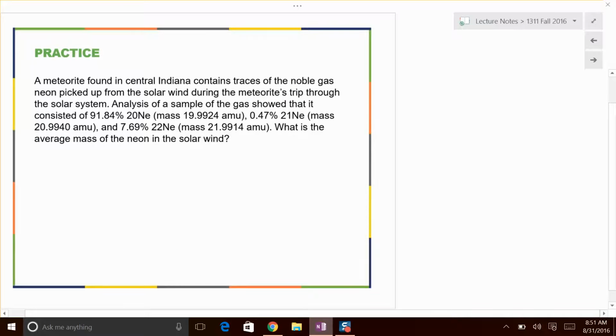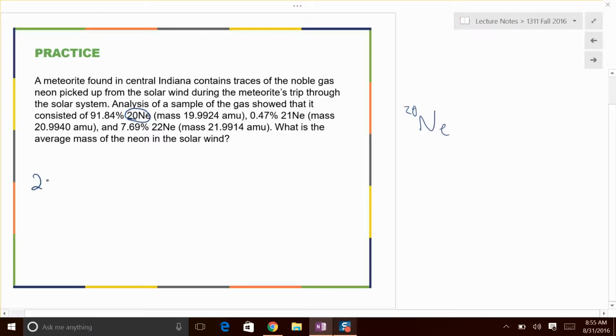Okay, let's try this one. Go ahead. You guys try to set it up first, and then we'll set it up together. Okay, so let's make sure you're setting it up right. So we have neon 20, 21, and 22.